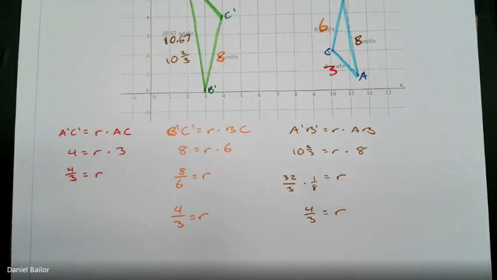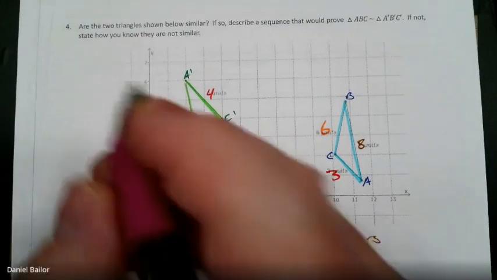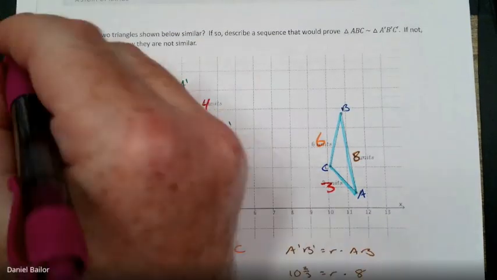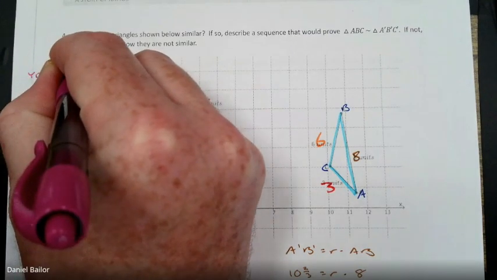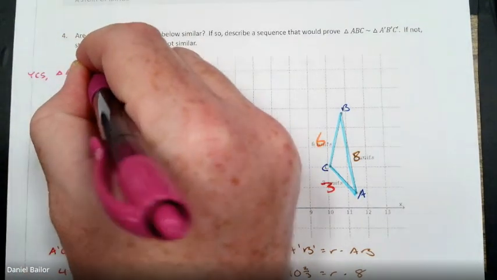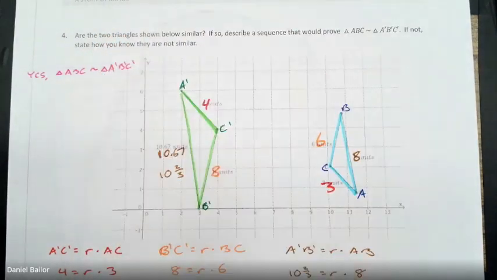So that works out pretty well for us because now we know the scale factors are the same, which means these two triangles are similar. So let's write that right here on the top. We're just going to write part 1. Yes, triangle ABC is similar to triangle A prime, B prime, C prime.